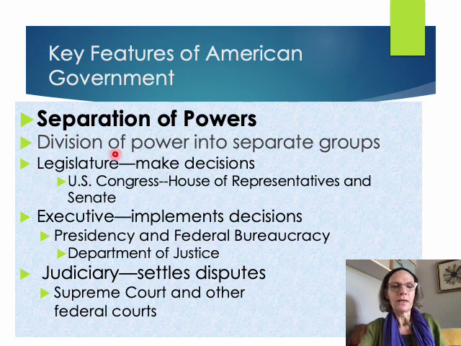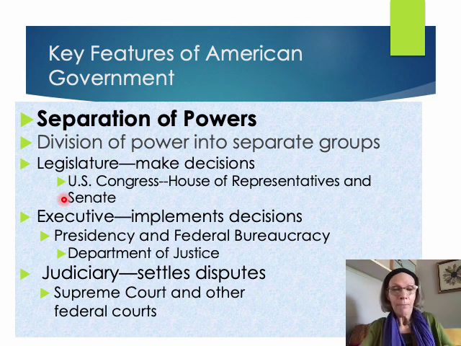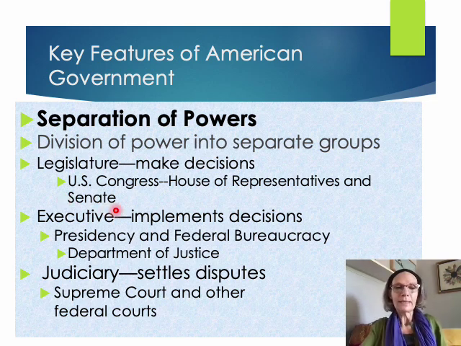And so the legislature makes laws, and the federal legislature is bicameral, it has two chambers. It's comprised of the U.S. Congress, which is comprised of the United States House of Representatives. It's a much bigger body, 435 representatives. Representation is based on population in the House, and the representatives serve 2-year terms. And then there's a smaller chamber called the United States Senate.